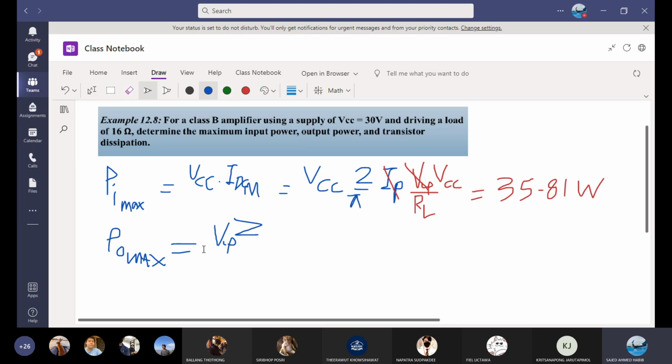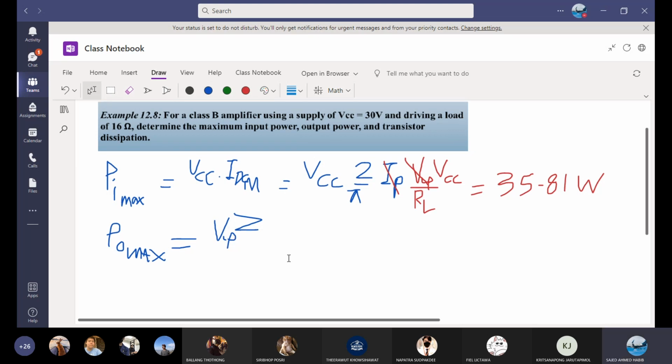VL peak squared over 2RL. When do you get the maximum power? For class B, when VL peak is the same as VCC, so we can write VCC squared.